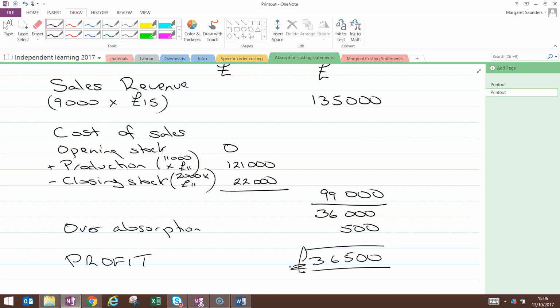And the production cost will be made up of the direct material, the direct labour, any direct expenses or variable overheads, plus the overheads absorbed using the overhead absorption rate. So that brings us to the end of this recording about the production of absorption costing statements.